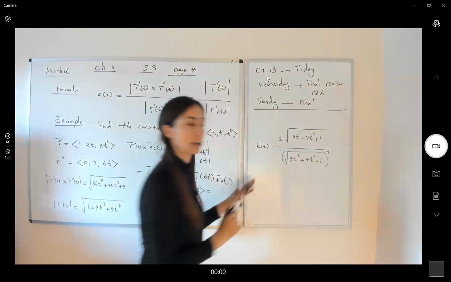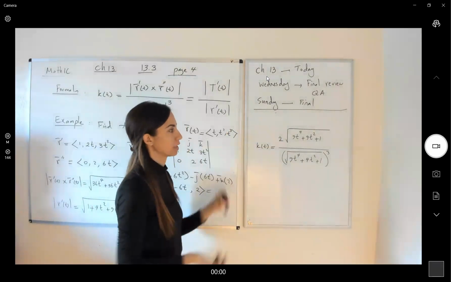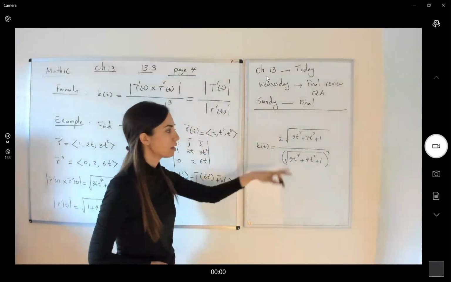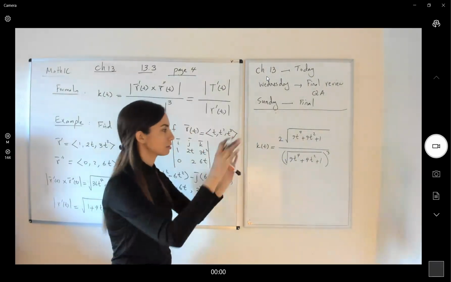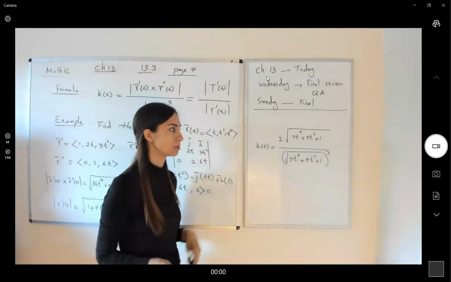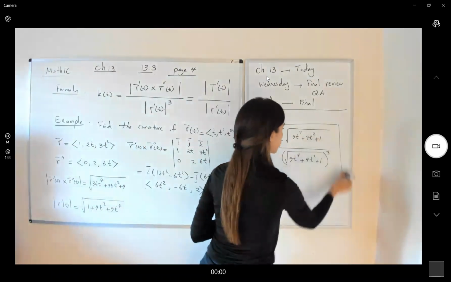So this is the curvature formula that we have. We cannot actually simplify this more. We can get rid of one of the radicals, 9t to the 4 plus 4t squared plus 1, multiplied by the square root of 9t to the 4 plus 4t squared plus 1. Just leave it as it is. So this is the formula for your curvature.